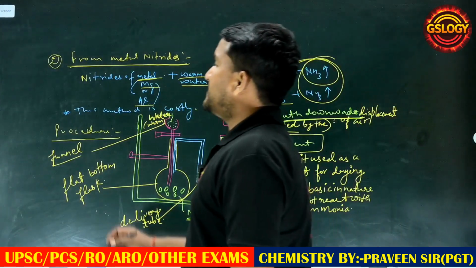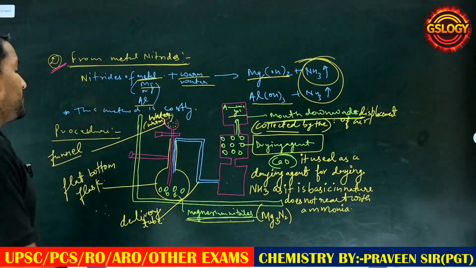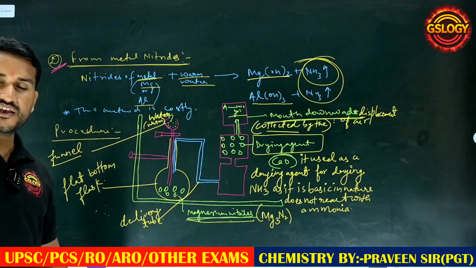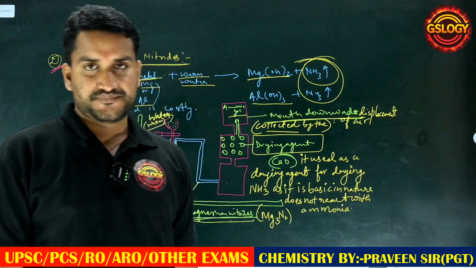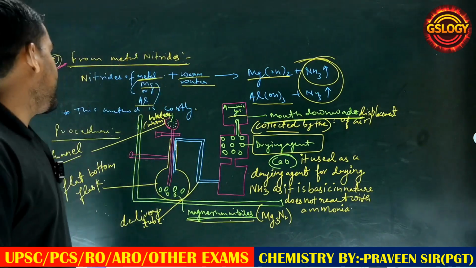Next method is the preparation of ammonia gas from metal nitride. What is metal nitride? When a metal reacts with nitrogen, it forms a metal nitride.